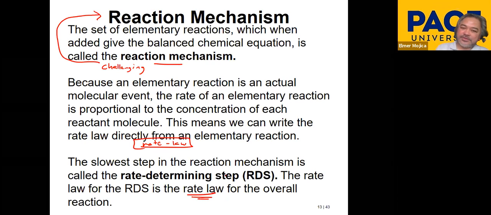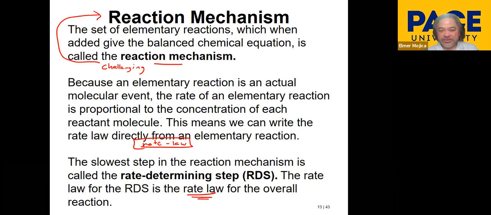So by now, okay, before you learned, rate law can only be what? Determined experimentally. But after this discussion in reaction mechanism, you should be able to tell that you can also determine the rate law by just looking at the slowest step in a given set of elementary reactions.